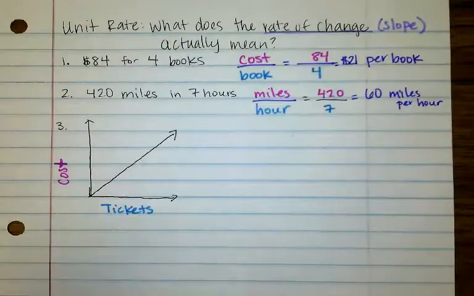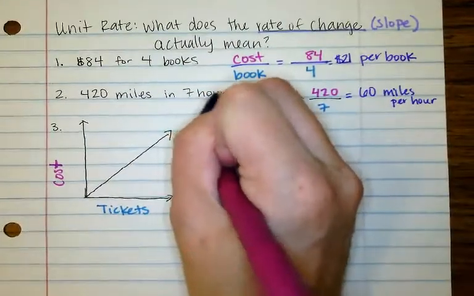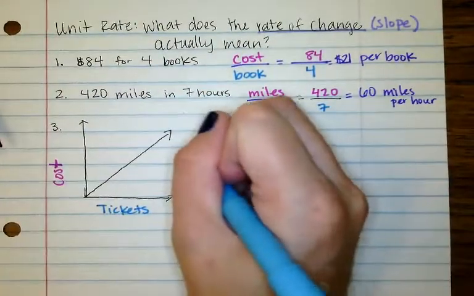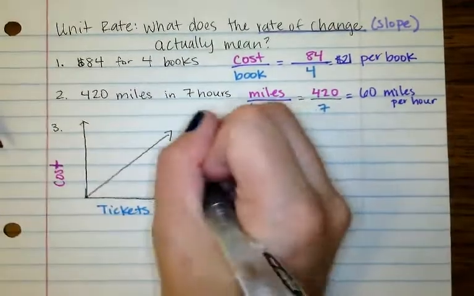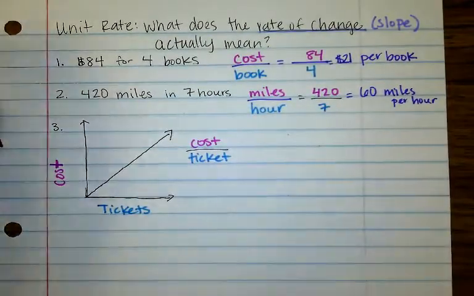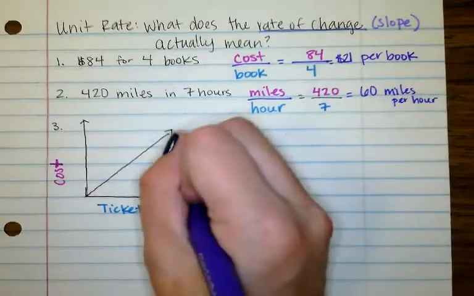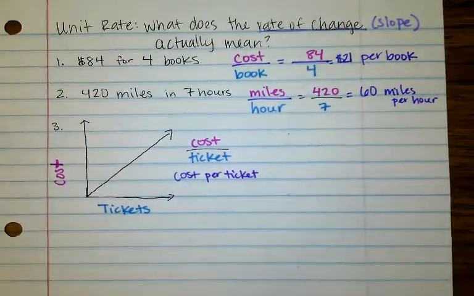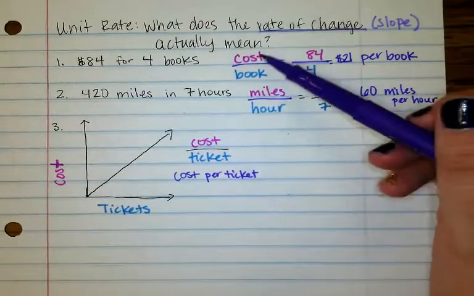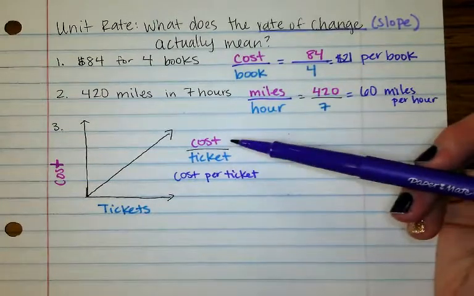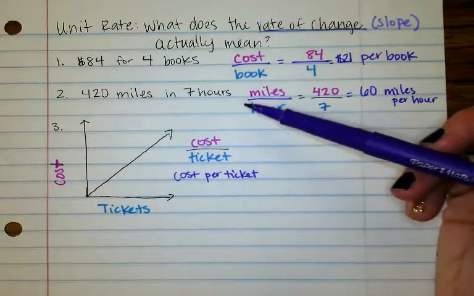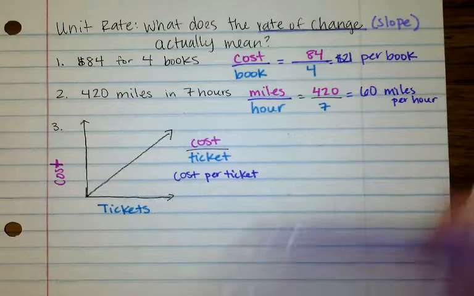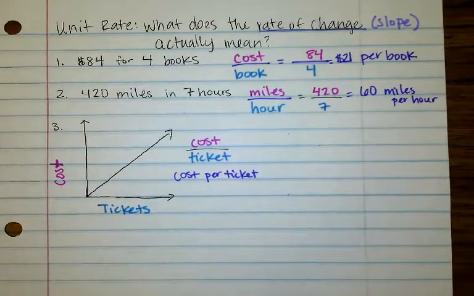A couple things to note on a problem like this: if you have a cost, it's usually going to be in your y values. If you have time, your time will always be x. Do you guys feel pretty good about this? So we always do the y over the x. Y over x. Y'all feel good? All right.